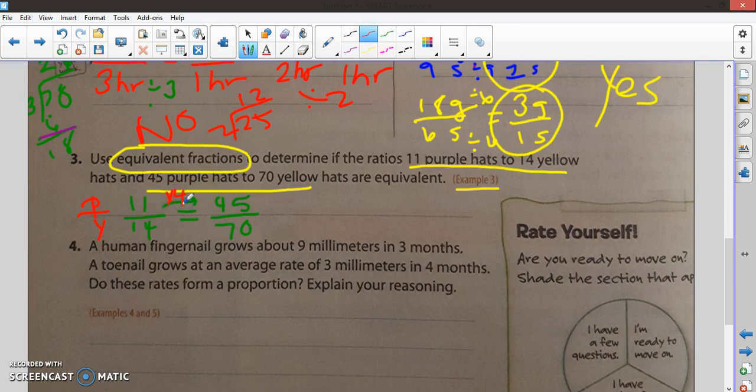We're going to estimate here. So let's see if it's the same thing for 14. Let's see if we get close. 14 times 4, that's 56. So it's not that close, because if we go to 5 times, there it is. This one's 5 times, and this one's about 4. So these are not equal. So no.